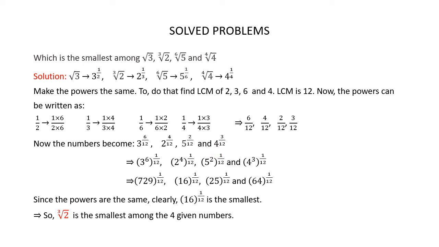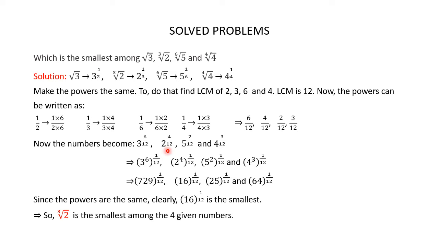Now 3 raised to the power 6 by 12 can be written as 3 raised to the power 6 the whole raised to the power 1 by 12, since 6 multiplied by 1 by 12 is nothing but 6 by 12. Now 4 by 12 can be written as 4 multiplied by 1 by 12.